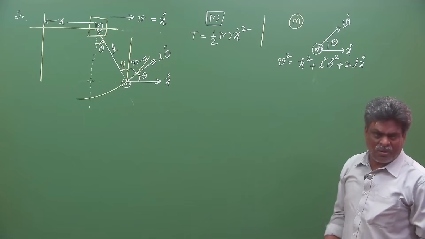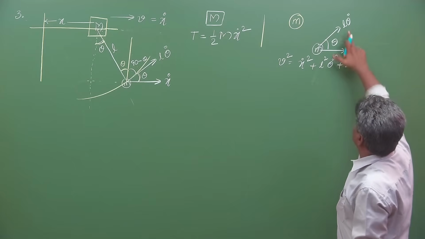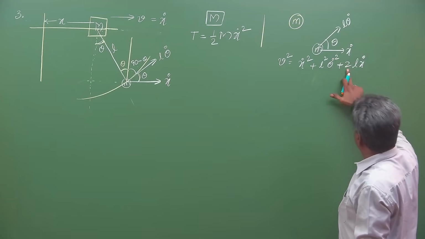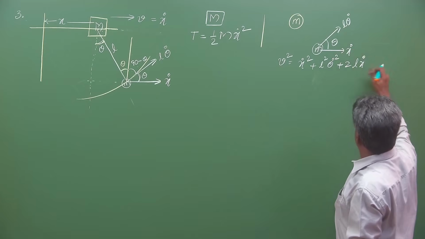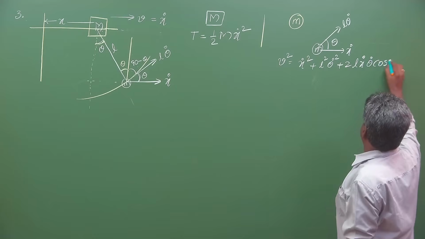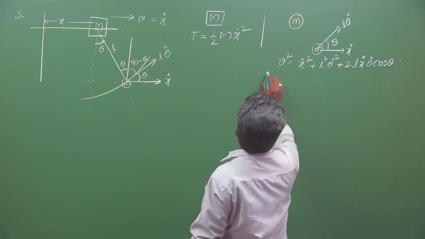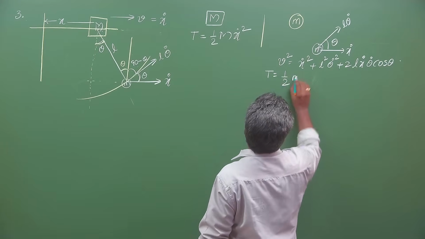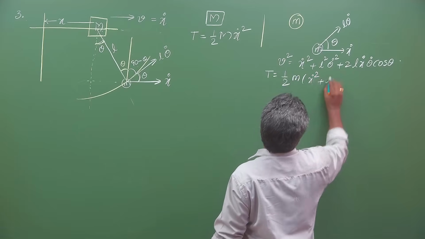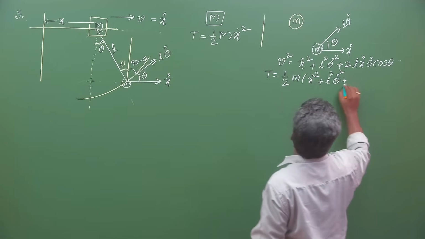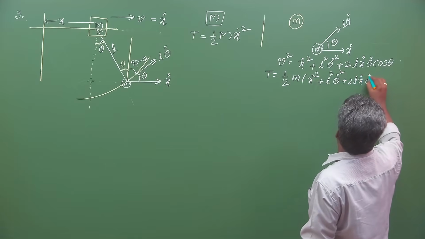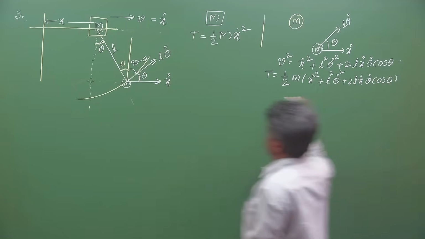Come on. That's it. Now kinetic energy equals half m times x dot square plus L square theta dot square plus 2L x dot theta dot cos theta.